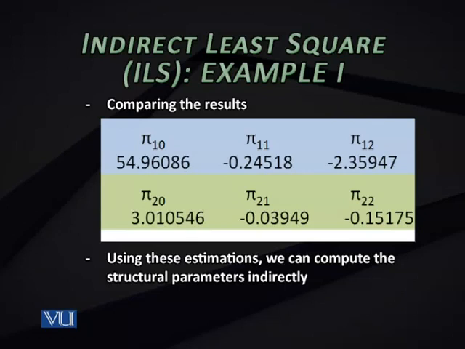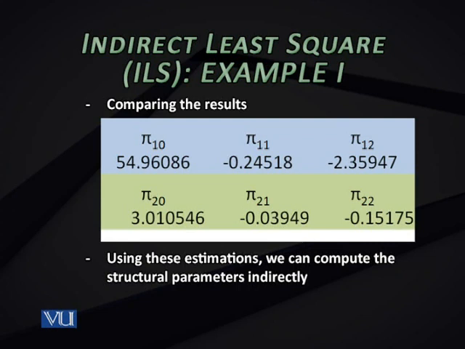Remember to retain the sign as well, because we write the reduced form equations using plus signs always. So it's the value of the reduced form coefficient that is negative or positive. So you have the negative value of pi 1 1, which is minus 0.245, and then a negative value for pi 1 2, which is minus 2.359.